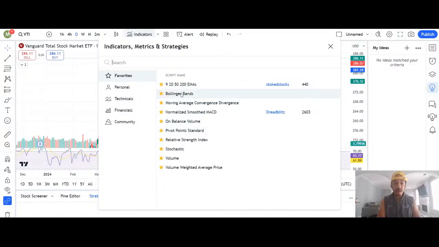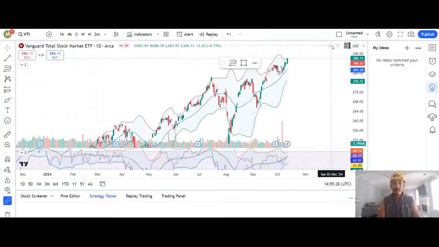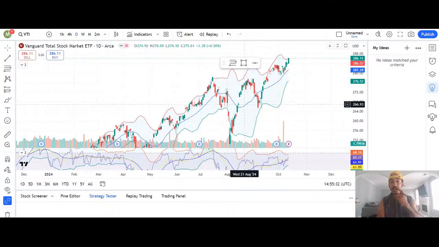Where's the Bollinger Band? So if you add the Bollinger Band to the RSI on a daily time frame, on the total stock market index, as you can see on the RSI, we still got a little bit more room to go up. It's not completely overbought. And what I like about the Bollinger Band is that it shows hidden resistance or support on the RSI, right?